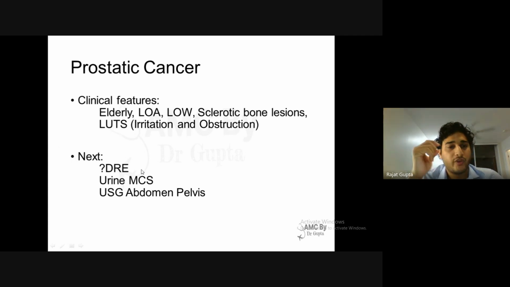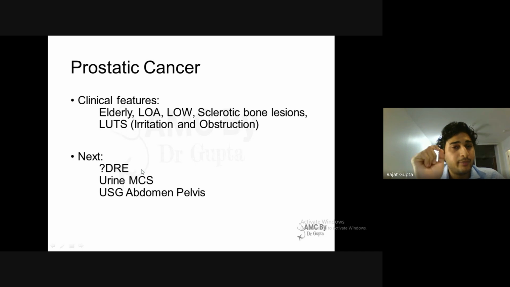Why am I not very confident with DRE? Because if there is prostatic cancer, the prostate will grow outside. It doesn't cause much of obstructive symptoms because initially it will start growing outside. So in DRE we sometimes don't pick it up.